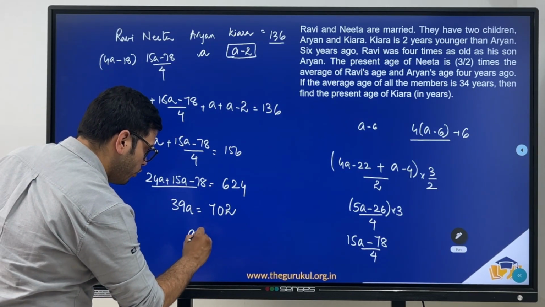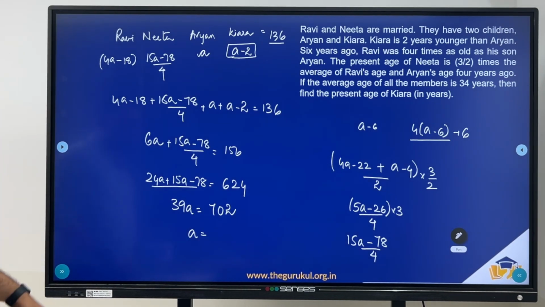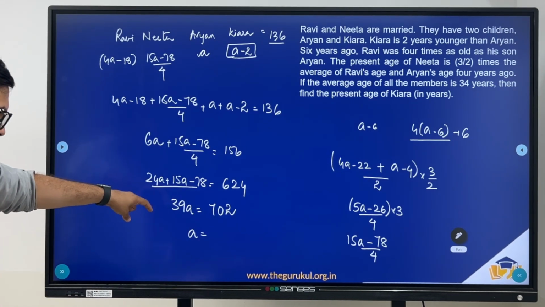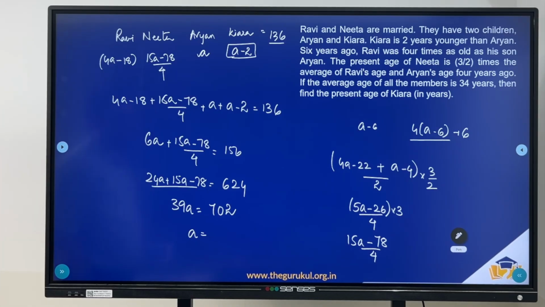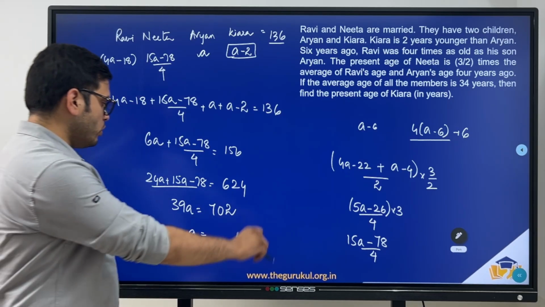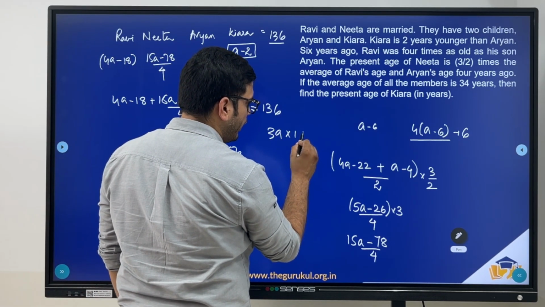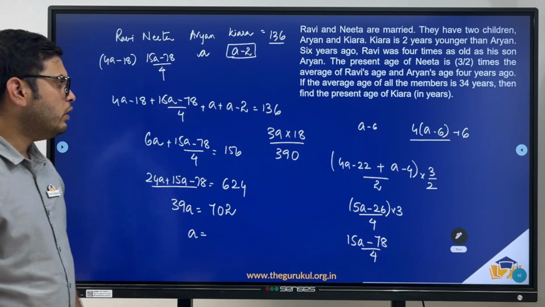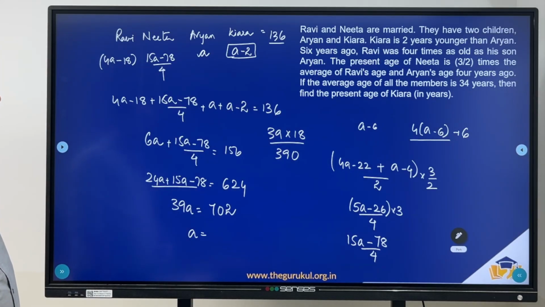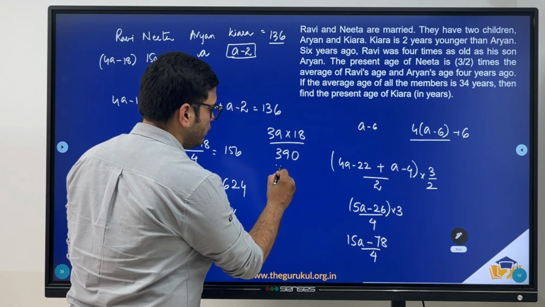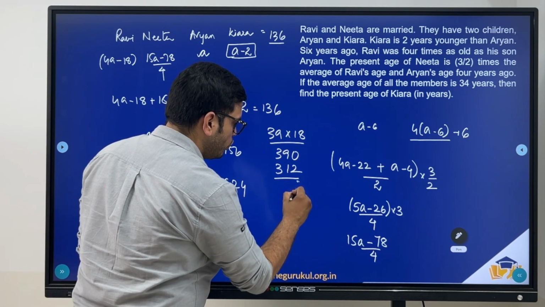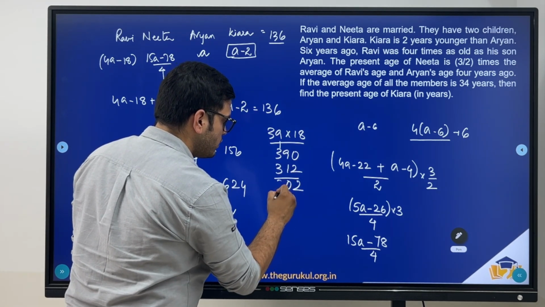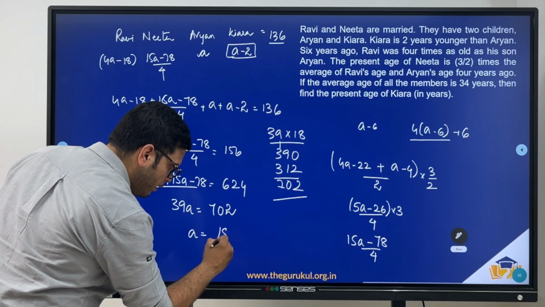So what is the value of A such that you have A into 9 ending with 2? 18, right? Let's check 39 into 18. 39 into 10 is 390, 40 into 8 is 320, 320 minus 8, 312. So 390 plus 312 is 702. So the value of A has to be 18.